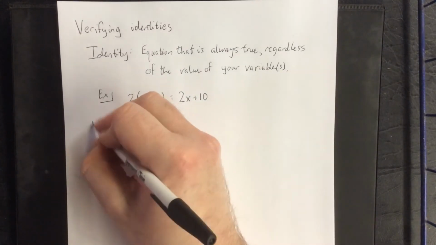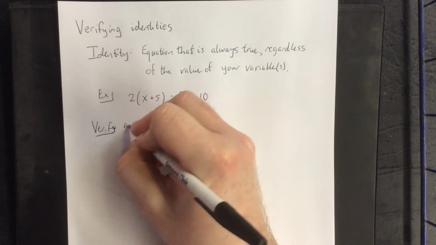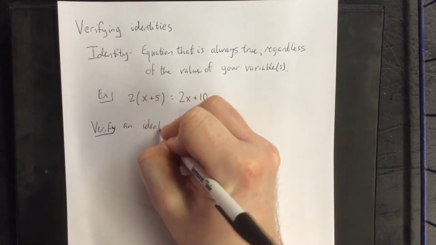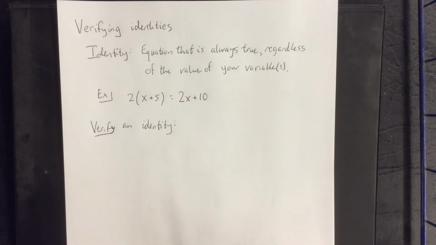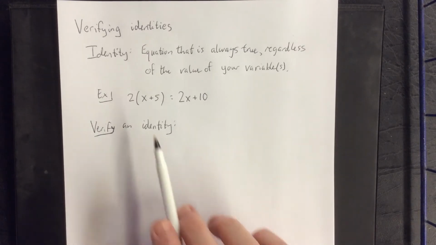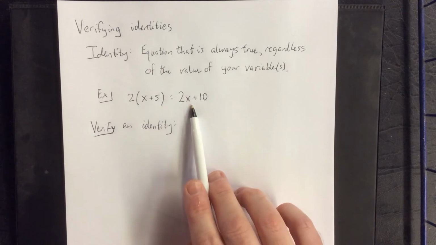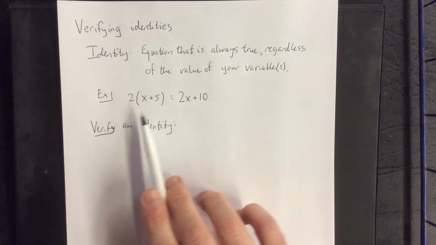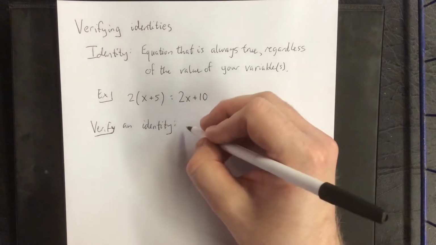To verify an identity is not to do algebra as we typically do. To verify an identity is to start with either the left-hand side of an identity or start with the right-hand side of an identity, and through a series of algebraic or trigonometric steps, turn one side into the other.